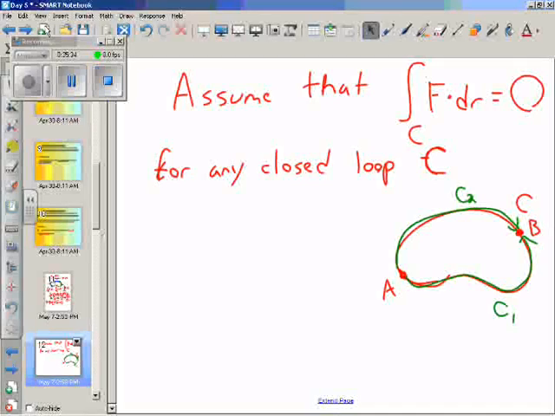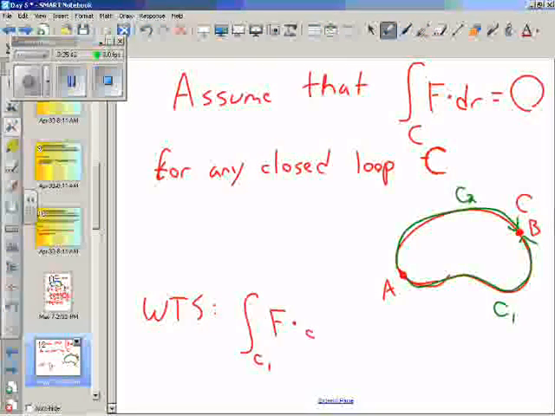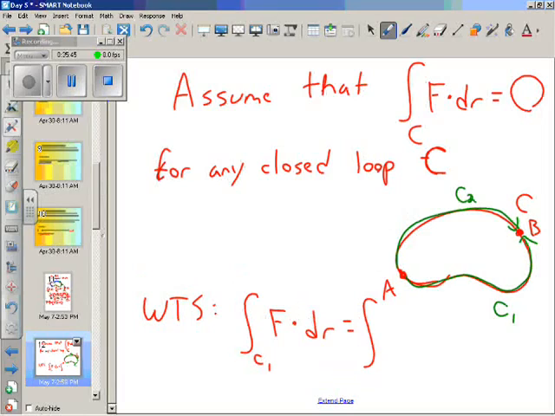And what we want to show is that the integral along C1 equals the integral along C2. Because this is an arbitrary closed loop, we're not really picking specific ones.